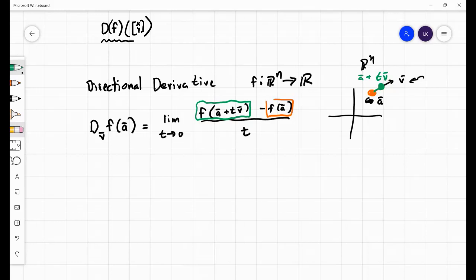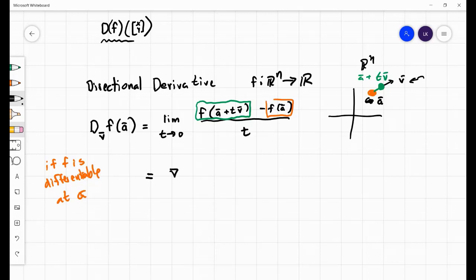Okay. Now, if the function is differentiable, then, so let me make sure I write that. If f is differentiable at A, then there's a computational formula you can use to compute directional derivative.